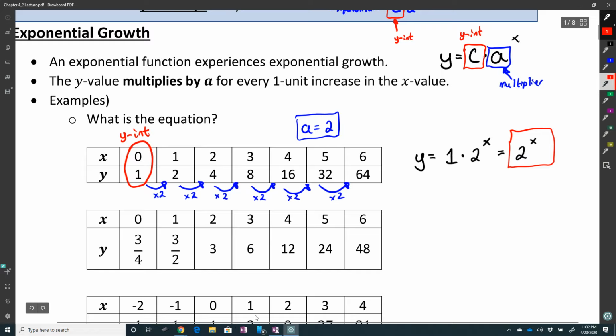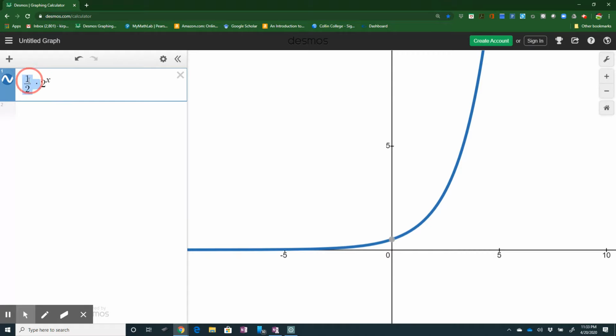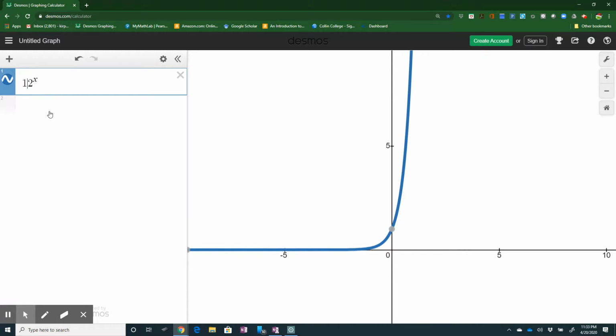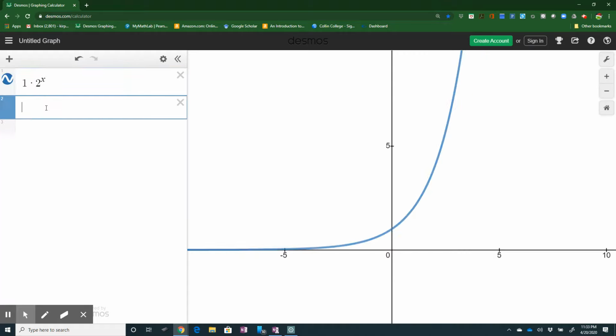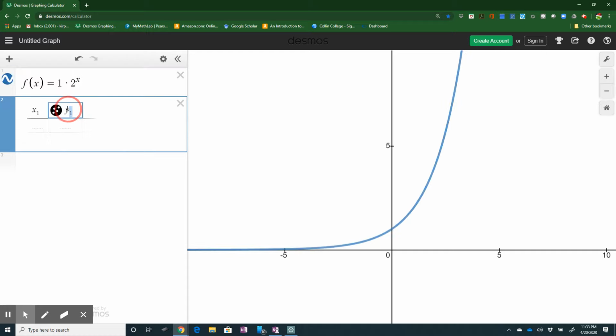And again, we can show that this is correct in Desmos. Here's 2 to the x. Let me put the 1 in front of it. And in Desmos, you can actually create tables. So I'm going to call this f of x, and this is x.